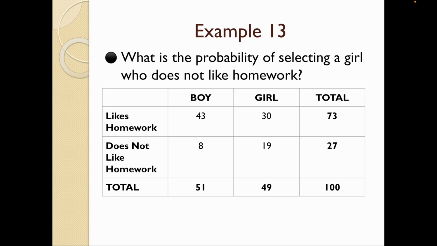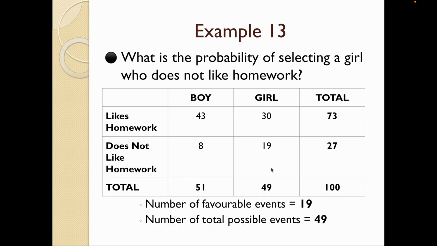Now we're selecting a girl. 19 out of 49 because we're selecting a girl out of the girls, those who do not like homework. Because we're selecting a girl, we're not going to select any boys. We have 19 who do not like homework out of 49. All right, make sense?